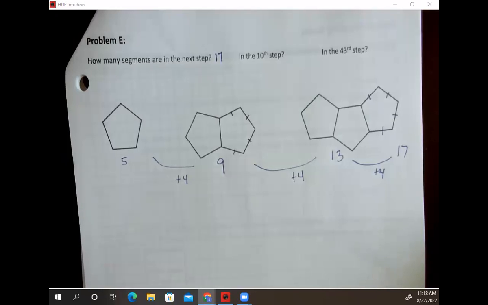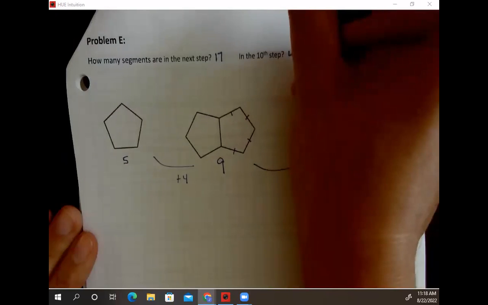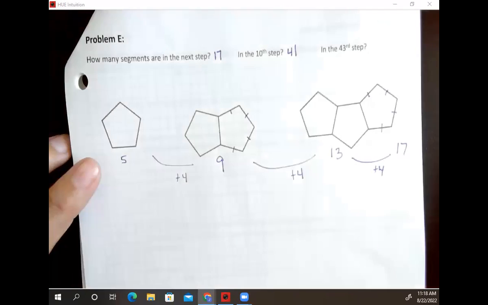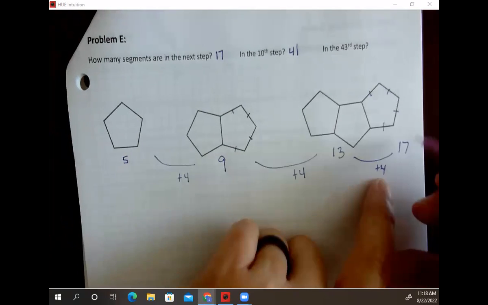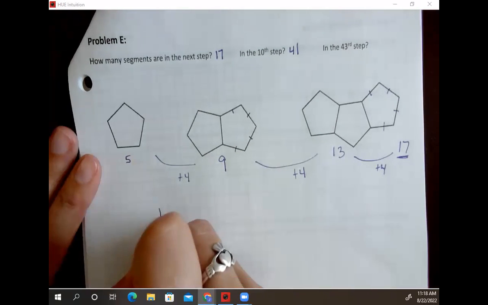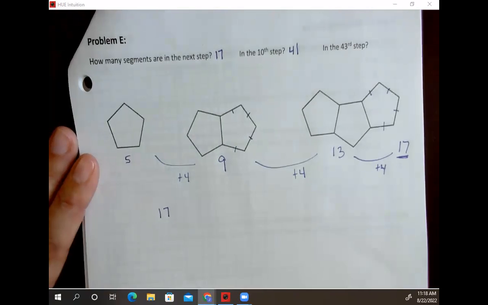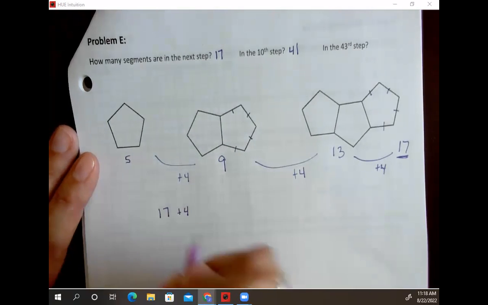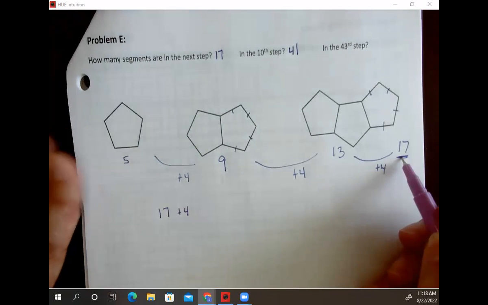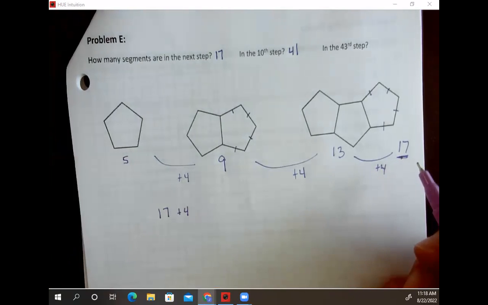Close. I got 41. So if we look, we started with, or actually, we'll go from here. We had 17 sides, and we need to add 4 sides. This is step 4, so we need to add 6 more steps.